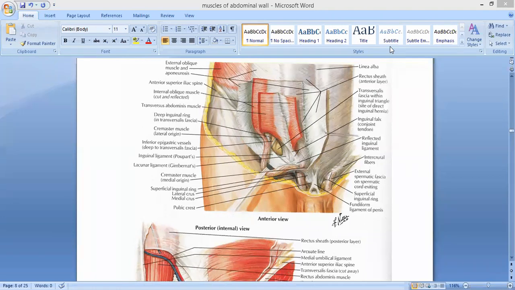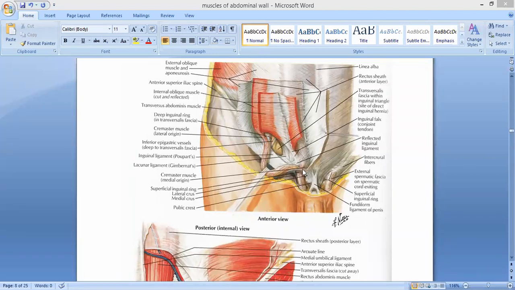Okay, now we'll talk about the inguinal canal. Now what is the inguinal canal? It is an oblique intermuscular passage in the lower part of the anterior abdominal wall, just above the medial end of the inguinal ligament. So how are we going to define the inguinal canal?